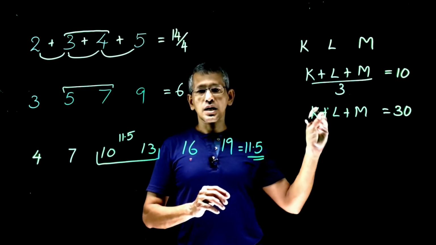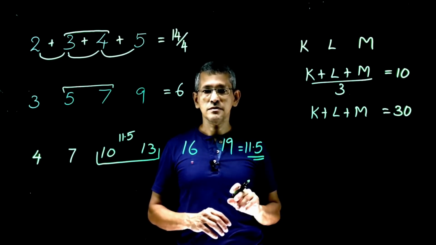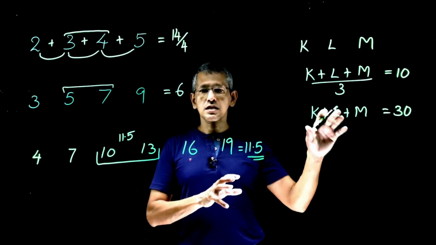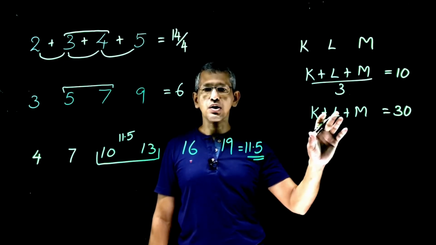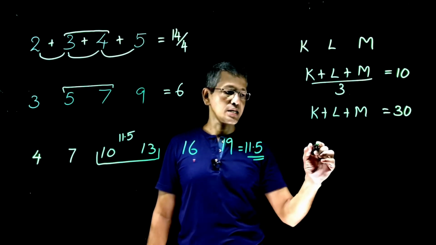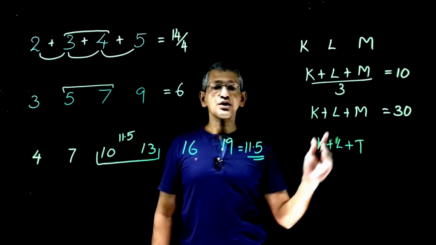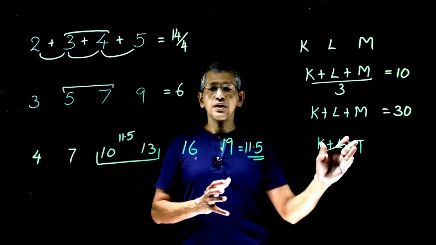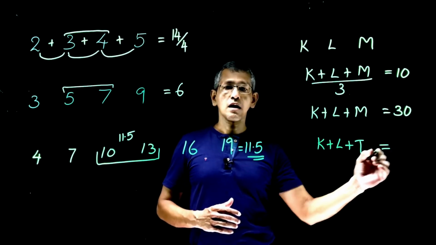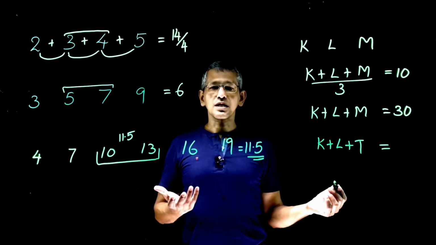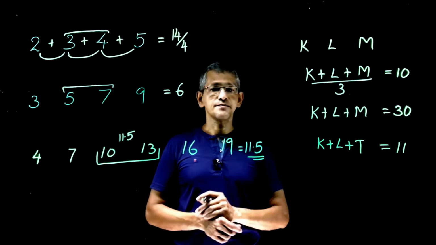And M is replaced by a new box, which is called T. Now we have the 3 boxes K, L and T. So M is taken away, now we have K, L and T. The weight of M was 10 kilograms, now it is replaced by T. Now the average weight of these 3 boxes is increased by 1 kilogram. Earlier it was 10, now the average weight is 11.